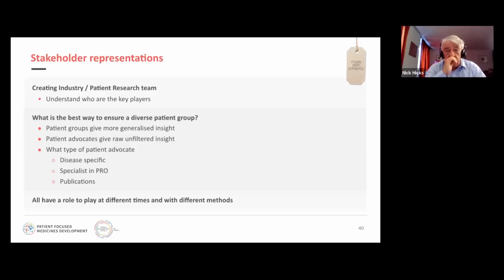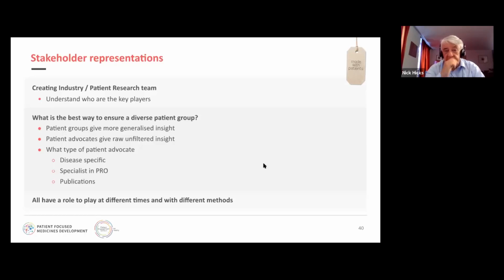Now, who do you bring in? Well, it really does depend. This is very much a generality, but patient groups are very good for giving an overall view. Individual patient advocates are very good for giving raw data.